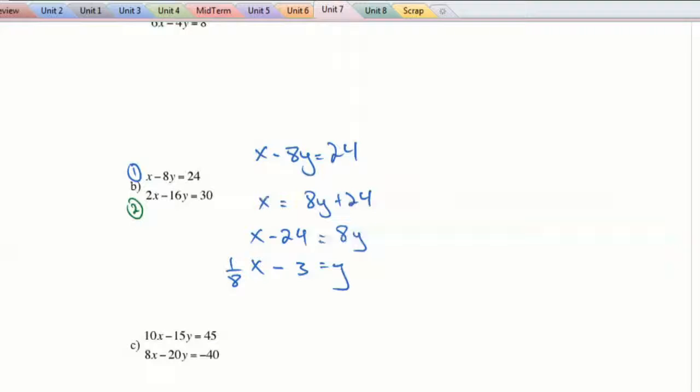Then I can do the same thing with my second equation just to compare them. So 2x minus 16y is equal to 30.